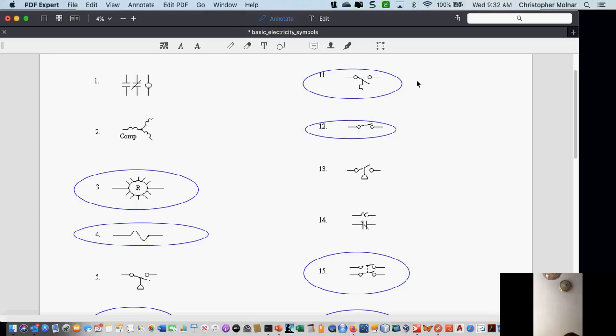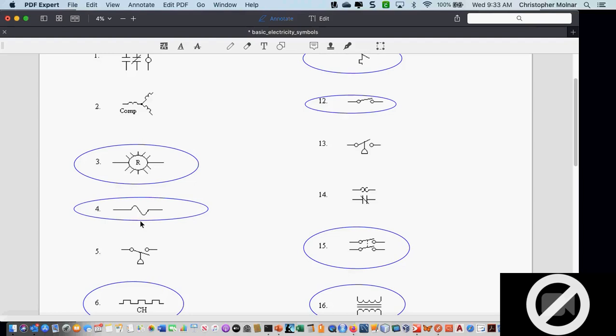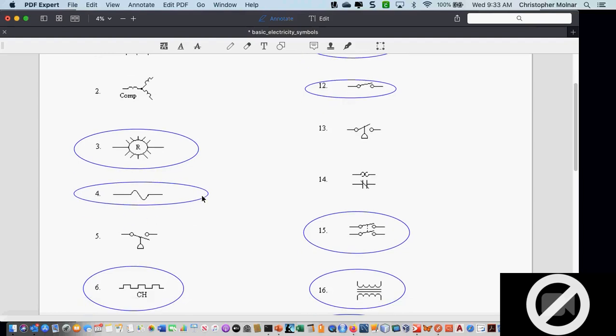Yeah, it can be. Everybody who had refrigeration in a prior term has seen this before as a safety device. Okay. What about number 4? Is it an operating control or is it a safety device? That's a fuse. Yeah, it's a fuse. It's a safety device.